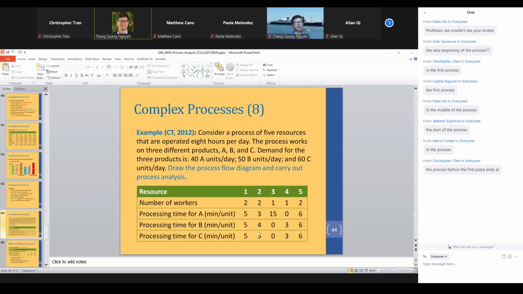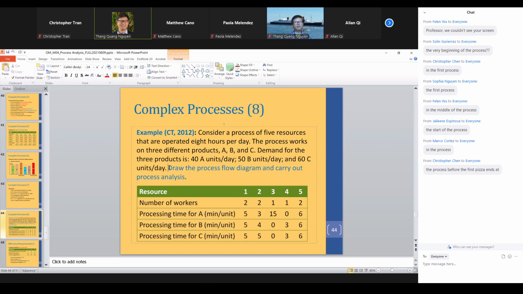So it is more complicated than before. In level 1 analysis, we only have 1 step, 1 flow unit type. In level 2, we only have 1 flow unit type, but we have multiple steps. But here in level 3, besides the multiple steps that we have to deal with, now we have to deal with multiple unit types. So that's the complexity of the process that we have to deal with. There are 2 things that we have to do here, 2 big things.